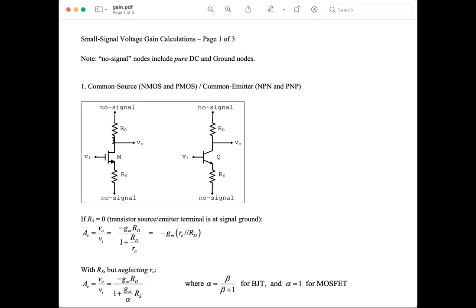Or a parallel combination of all of the above, like RD and RL, connected from the output here. I'm taking like a wire that is connected to the input of another stage. So this will be a combination of the input of the next stage, RD, in parallel with RL.